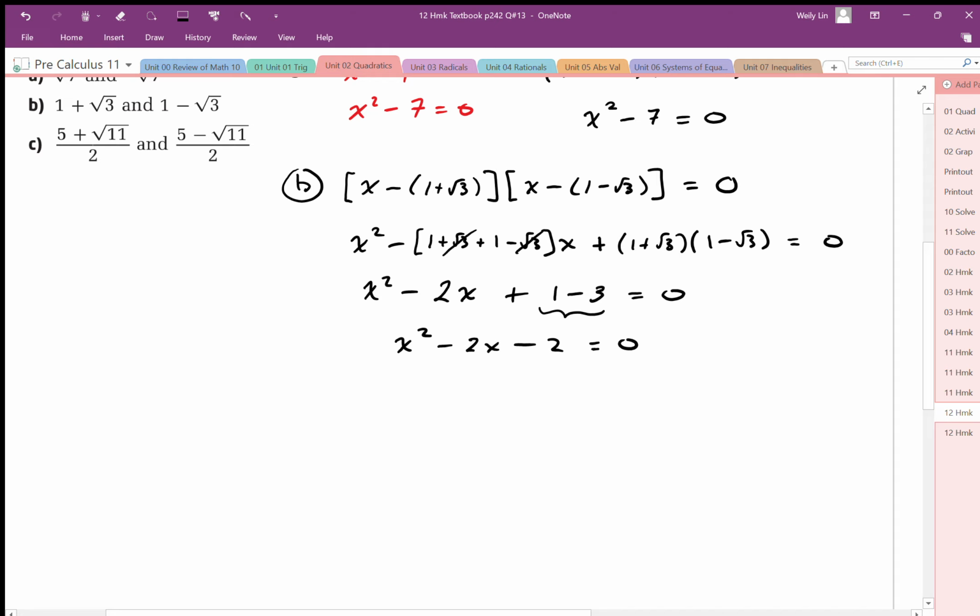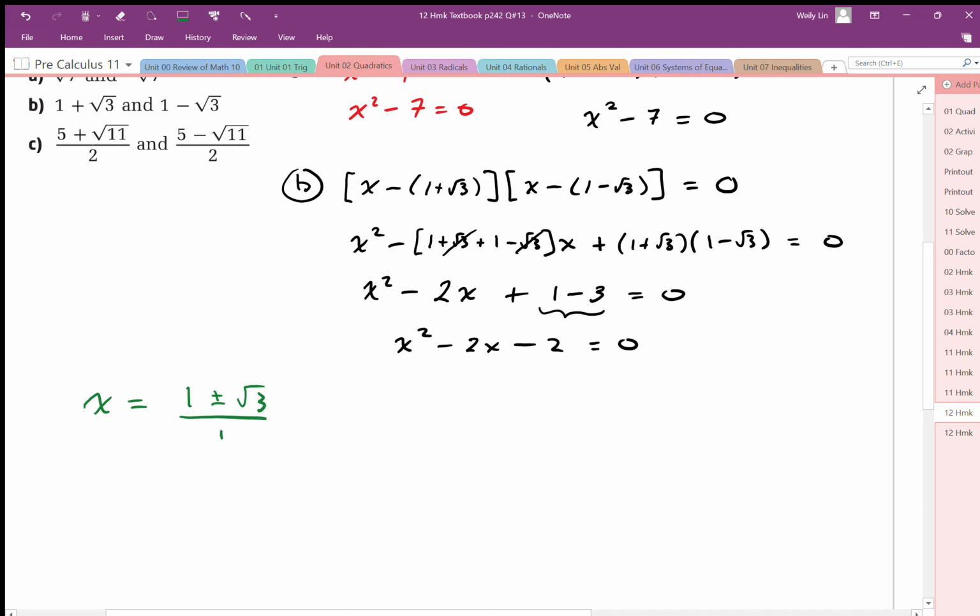Now, another strategy for the same question is to use the quadratic formula form. So we know that x is equal to 1 plus or minus root 3 over 1.